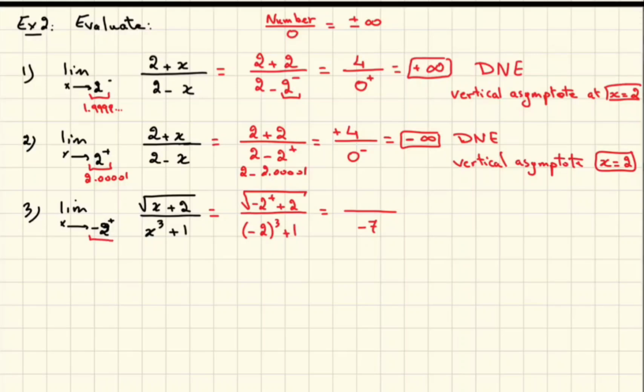Now let's understand what is the meaning of minus 2 plus. On the number line, if this is the minus 2, this is the minus 1. So minus 2 plus means I'm here on the right side of negative 2. And this number is like minus 1.9999. So on top, we're gonna get minus 1.9999 plus 2.